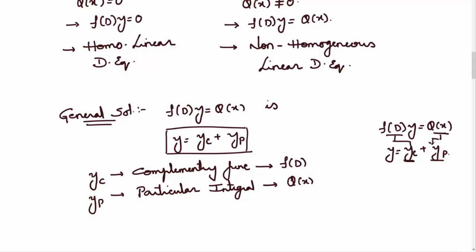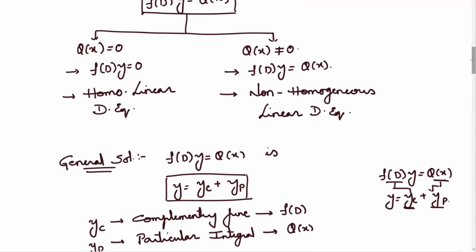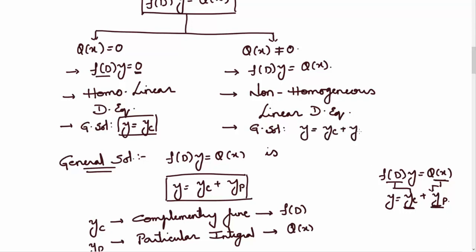So now if we discuss the homogeneous linear differential equation, then the general solution will be y is equal to, as we have f of D, we can get yc, but the value of q of x is 0, then yp does not exist. So the general solution for homogeneous is y is equal to yc, and the general solution for non-homogeneous differential equation will be y is equal to yc plus yp.